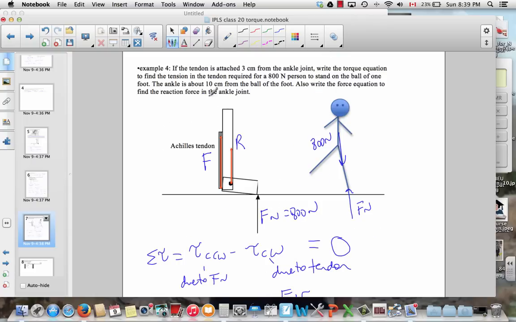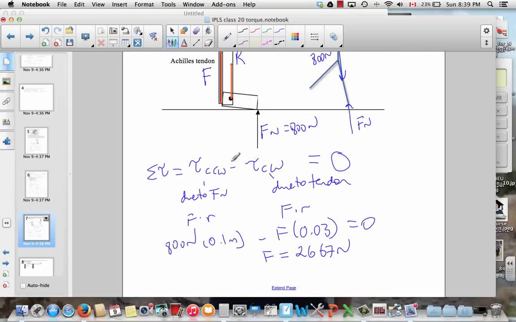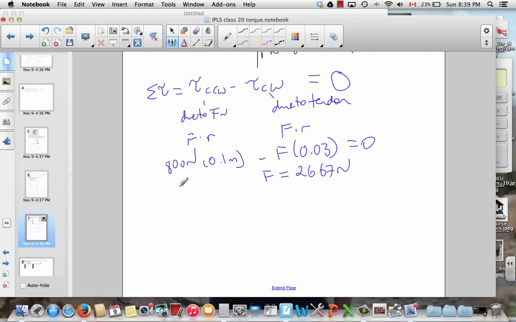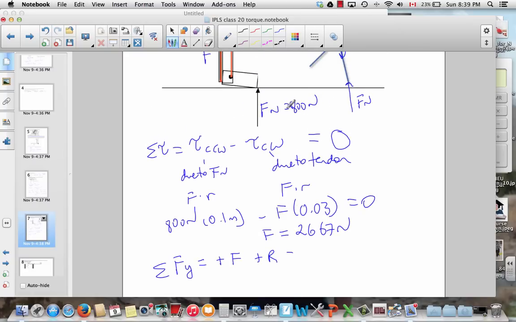And then we want to write the force equations to find the reaction force in the ankle joint. That's R. That again just involves the other condition for static equilibrium, which is that forces have to balance. So we've got upwards Achilles tension, we've got upwards reaction force, and we've got upwards normal force as drawn.